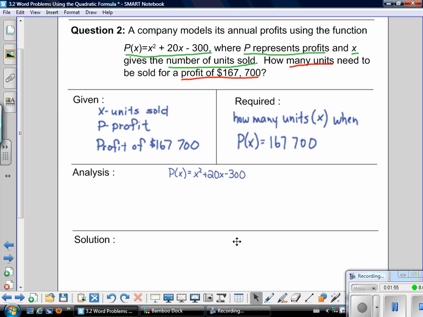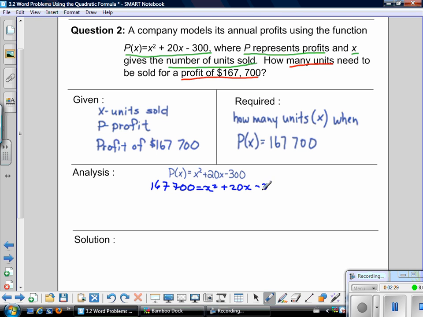So our P of X in this case, we said was 167,700, and that is to equal our x squared plus 20x minus 300.